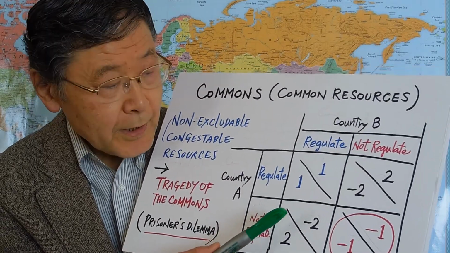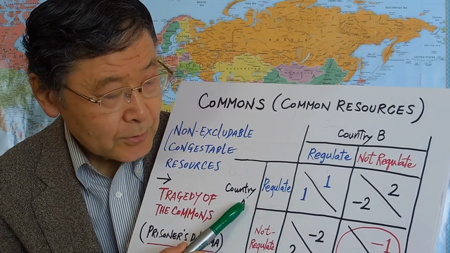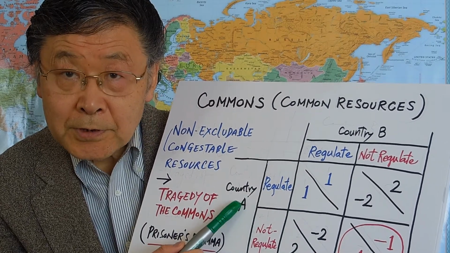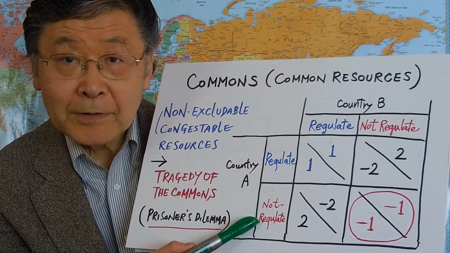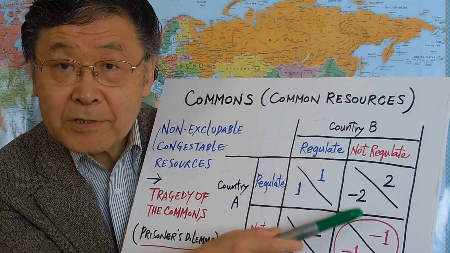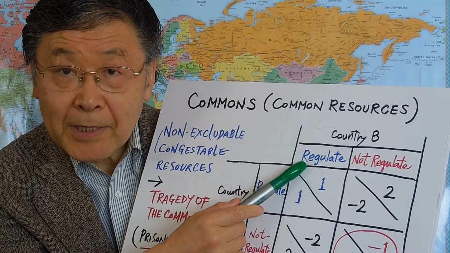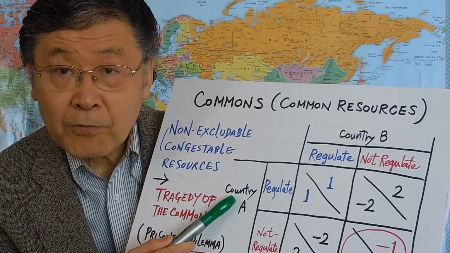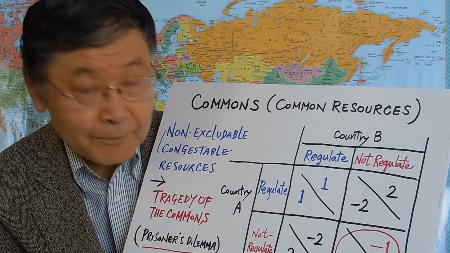The reason is, if a country faces this situation, it tends to choose this strategy, not to regulate, regardless of other countries' strategy. Because if the other country regulates, country A will find it more advantageous not to regulate.